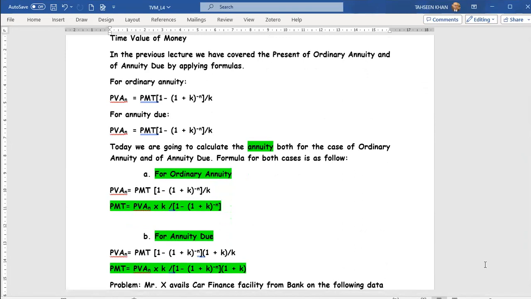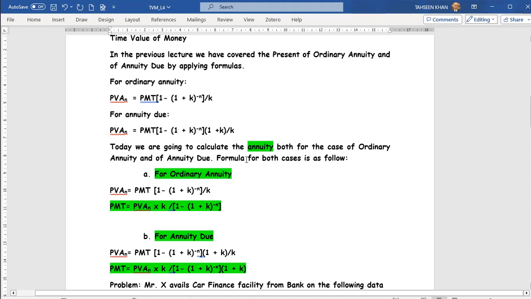For ordinary annuity, the formula is PVAN equal to PMT times 1 minus 1 plus K power minus n, divided by K. And for annuity due, the formula is PVAN equal to PMT times 1 minus 1 plus K power minus n, divided by K, and here we will have to multiply it by 1 plus K.